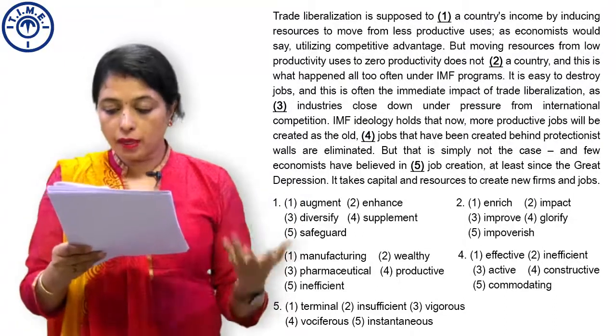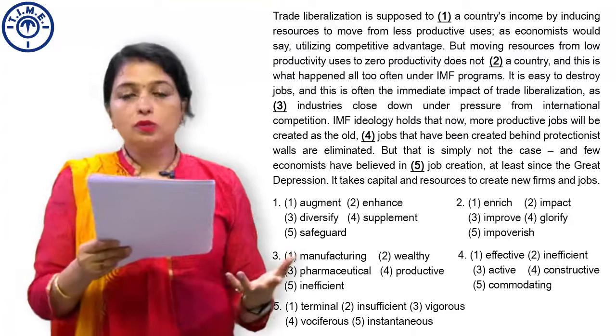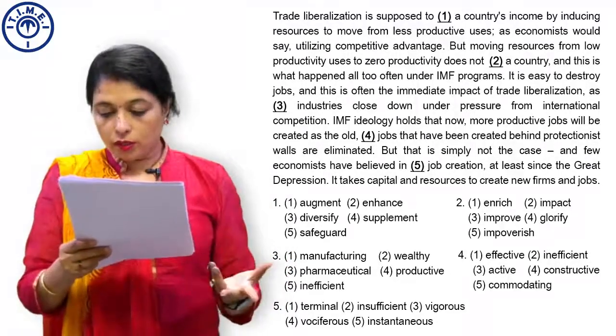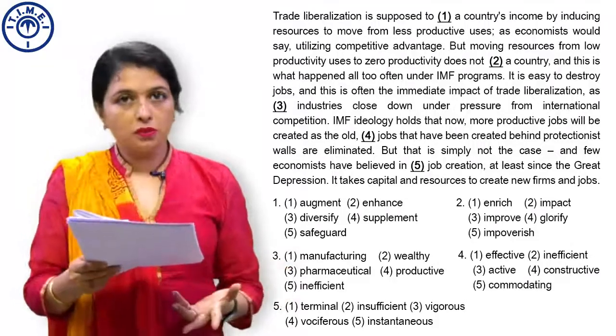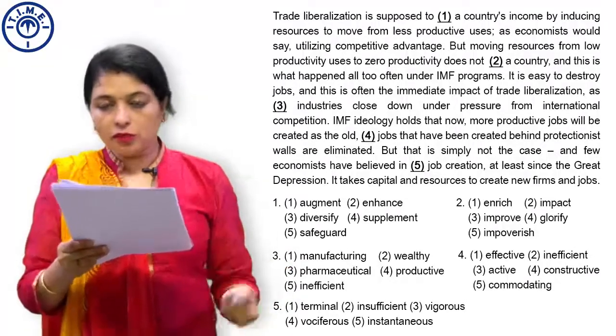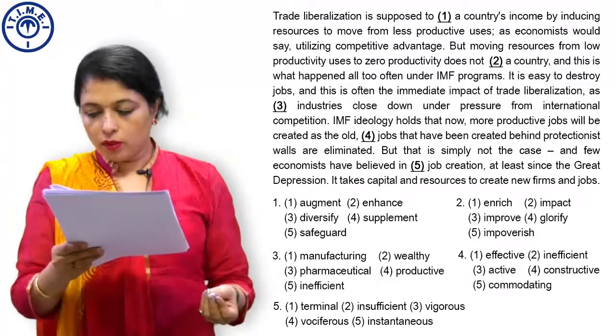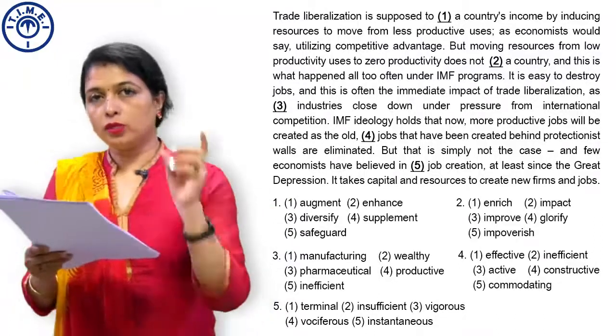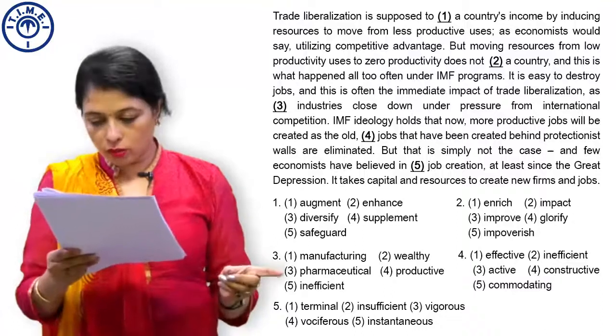And in what manner do we need to create these new jobs, or how should these new jobs be? Well, they cannot be terminal, because terminal is negative. Insufficient also has the same problem. Vigorous does not collocate with the word job creation, and we can rule it out.